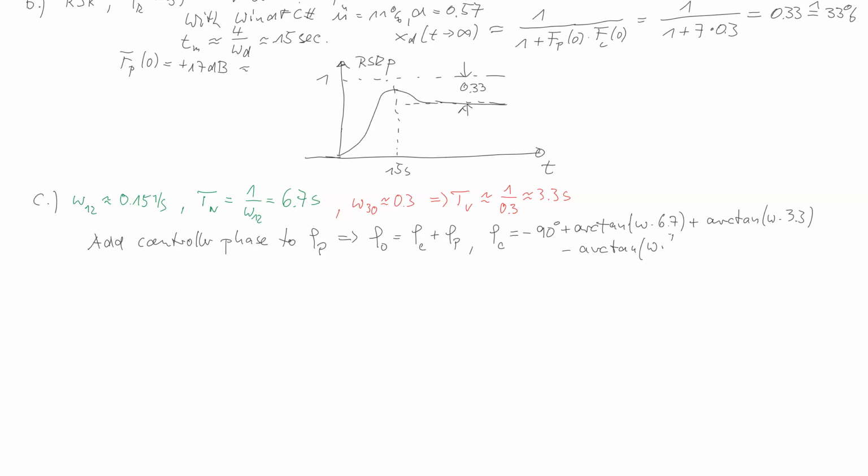TV divided by the step depth can be calculated to 0.33.